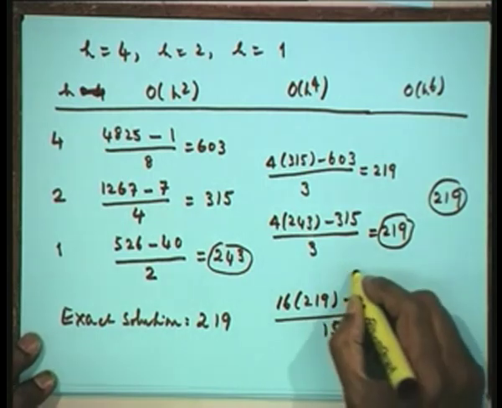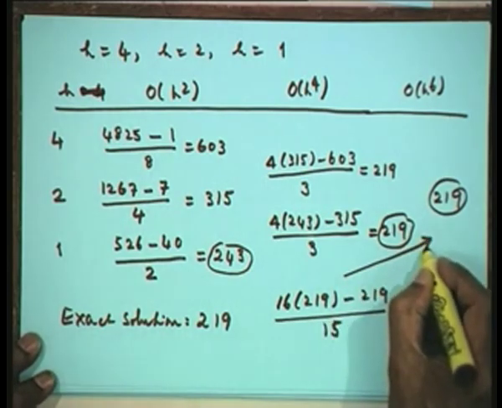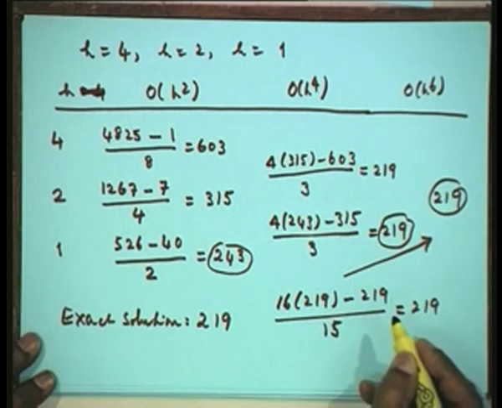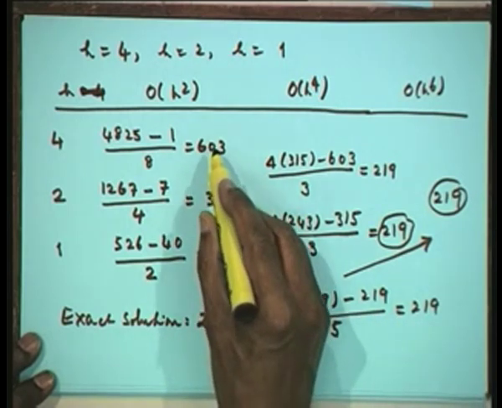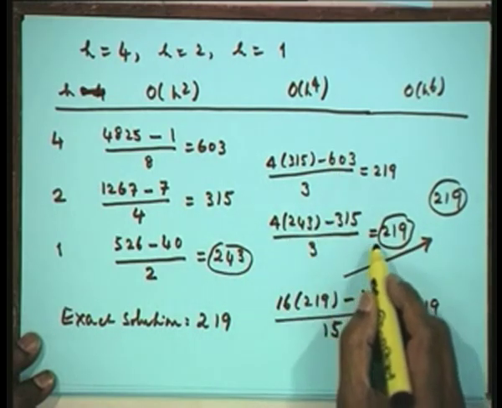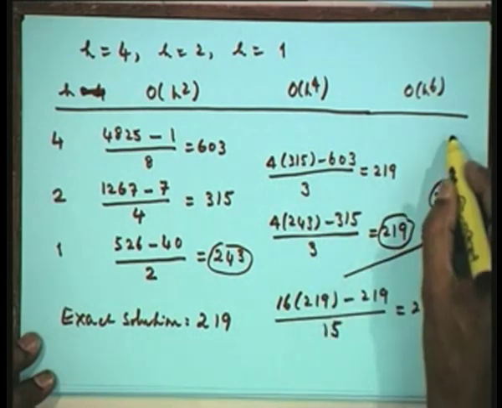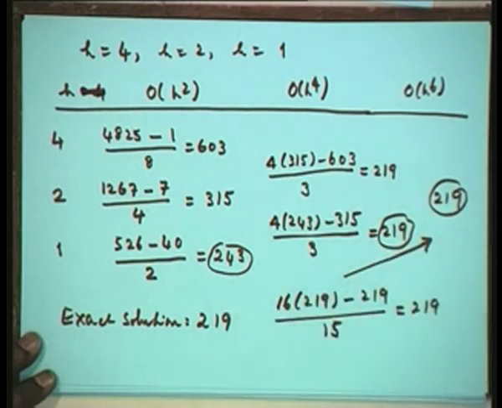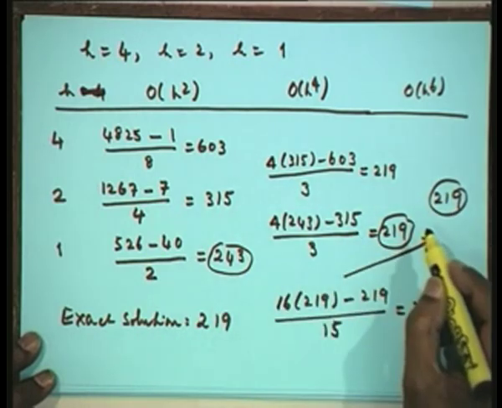Otherwise our best solutions will be going in this direction. The last value in this column is the best, the last value in this column is the best, and so on. So we have the best approximations going in this direction.